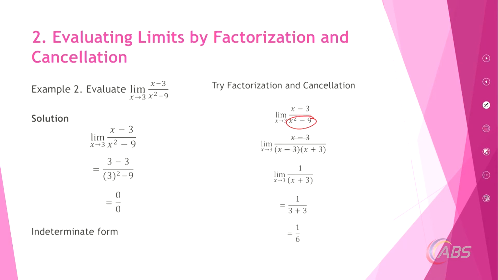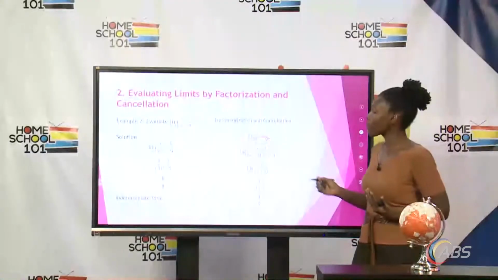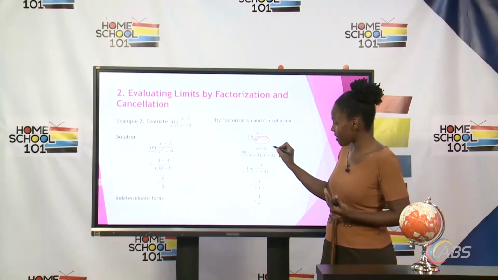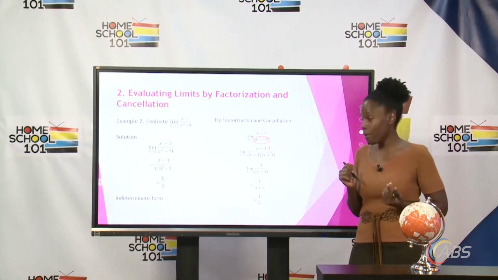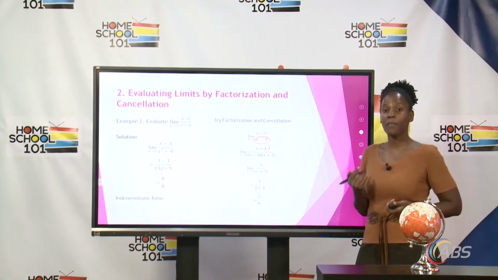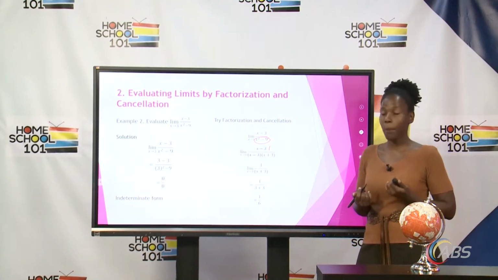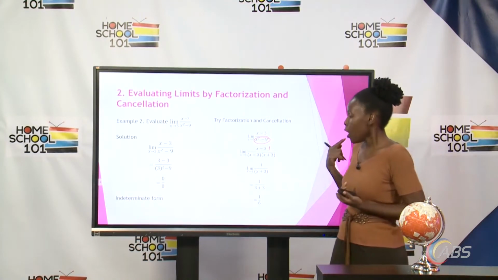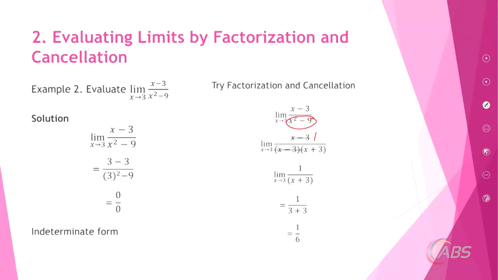The key thing to note, please pay close attention to this, because sometimes persons would cancel and they forget that a 1 is in the numerator. So once we cancel, it becomes a fraction 1 divided by x plus 3. Now that we have simplified, we can go ahead and do our direct substitution.